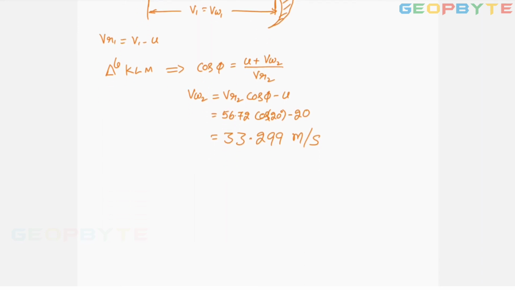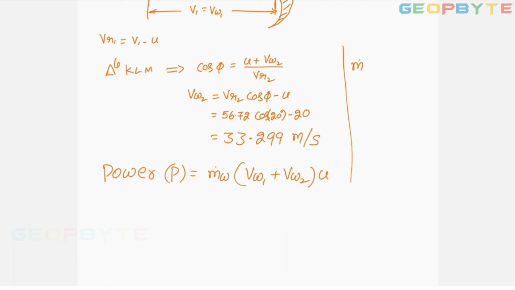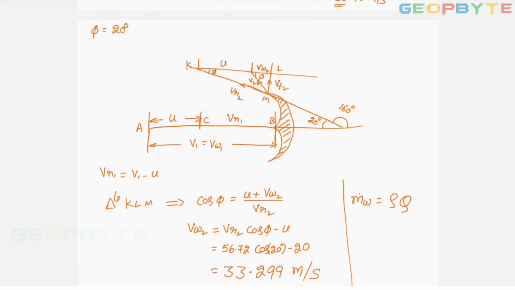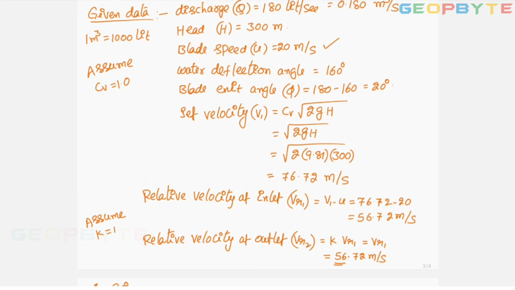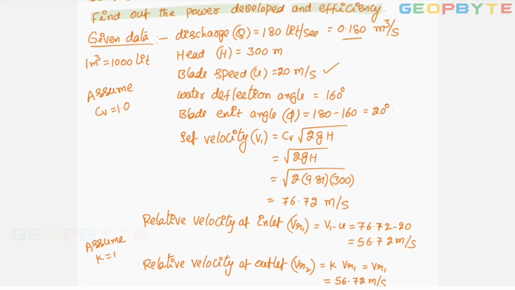Then power developed. Power P equal to mass flow rate of the water into VW1 plus VW2 into U. Here mass flow rate of the water is equal to rho Q. Q is discharge, yes, 0.180.